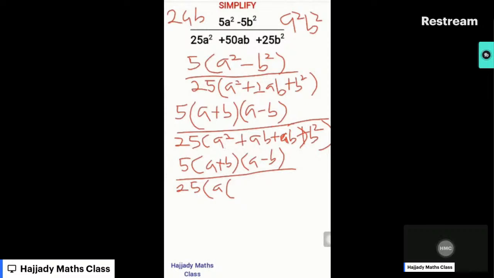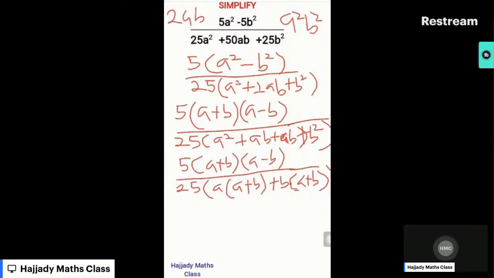Also, b is common to both terms, so let's factorize that: b into bracket a plus b. Now, from what we have here, a plus b is common. Bring it out. That means you factorize it, and you'll be left with a and b.